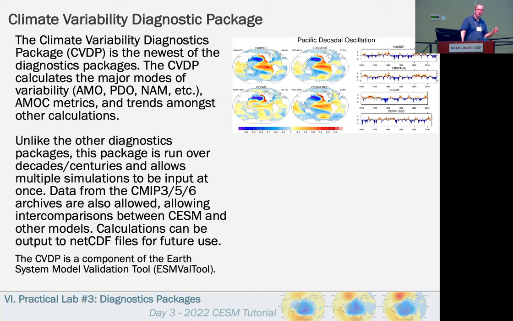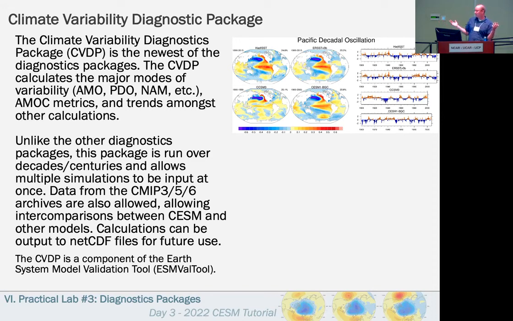Okay, so most of them, again, will show climatological averages for a particular part of the atmosphere, part of the Earth system. However, the CVDP, the climate variability diagnostic package, is a little different because it's not component specific. Instead, it's kind of mode specific. So it can provide all sorts of different diagnostics on anything that ends with an O, right?